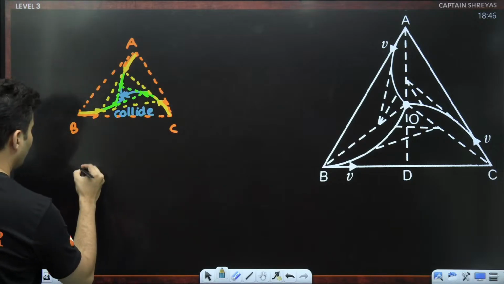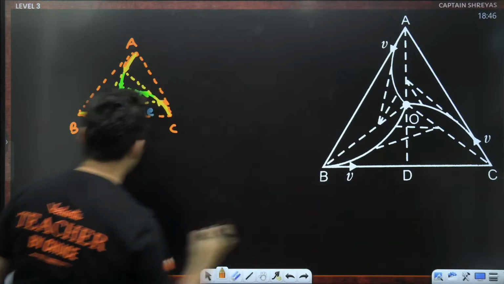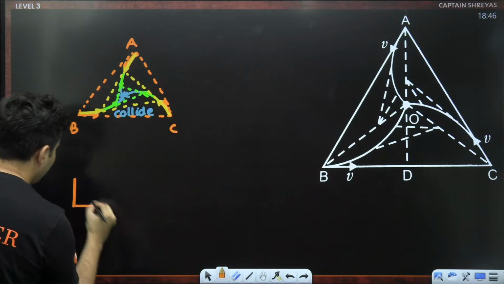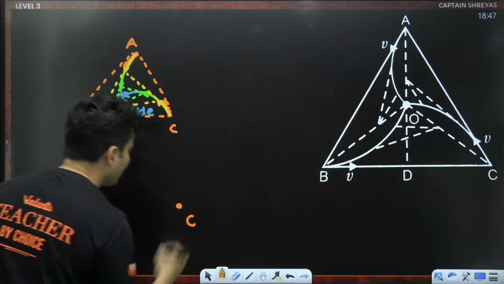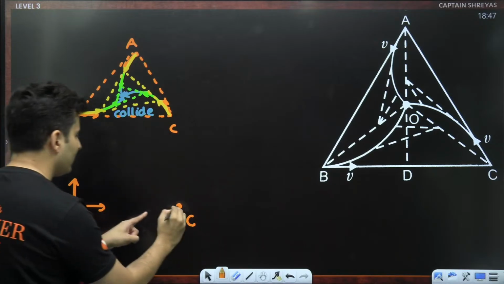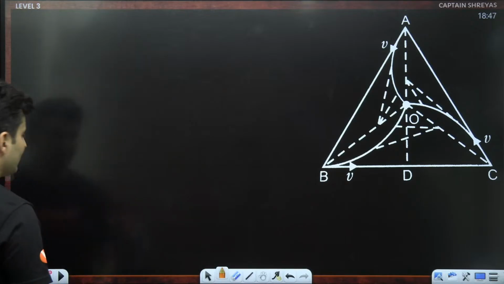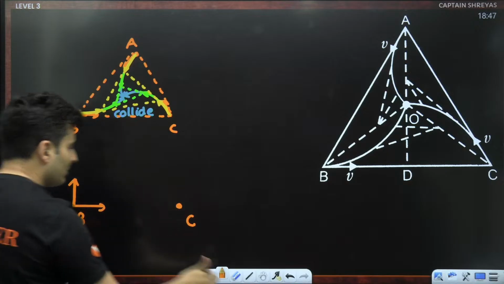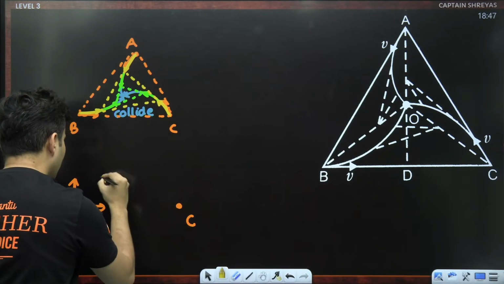If I make the frame of reference as B and observe C, what will I observe at any instant? See, understand, the distance will keep on reducing. B will also tilt like this.